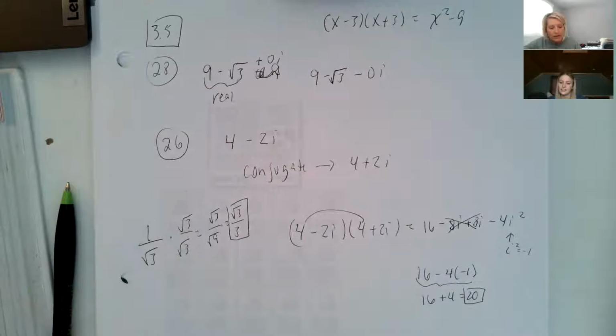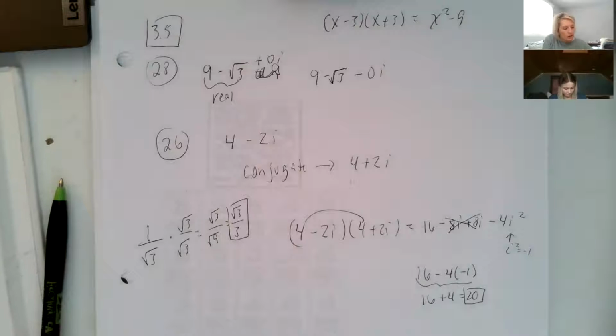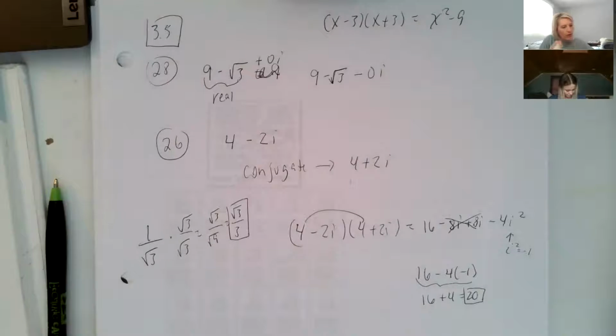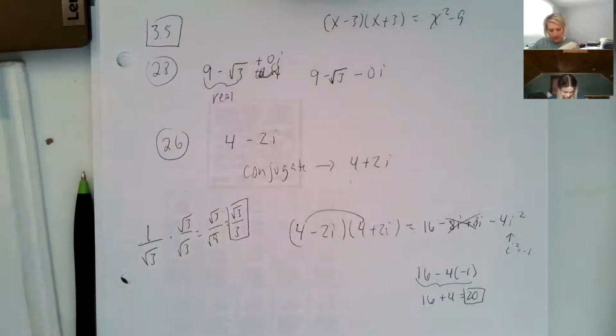Because if you look at 27, that should still be 3 plus square root of 2 in the back, no? Let's go check it out. And that's from 3.5. 3.5, 27. Mm-hmm. Yeah. Hmm.